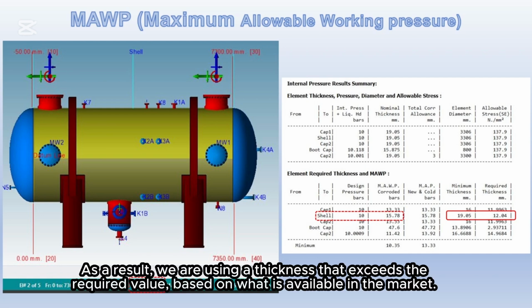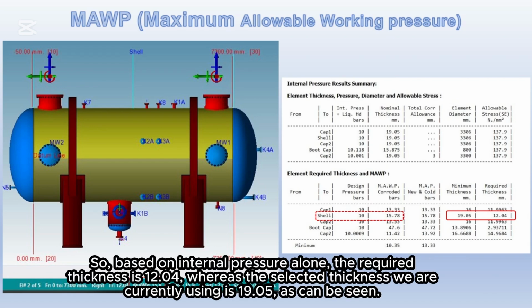As a result, we are using a thickness that exceeds the required value based on what is available in the market. So, based on internal pressure alone, the required thickness is 12.04, whereas the selected thickness we are currently using is 19.05, as can be seen.